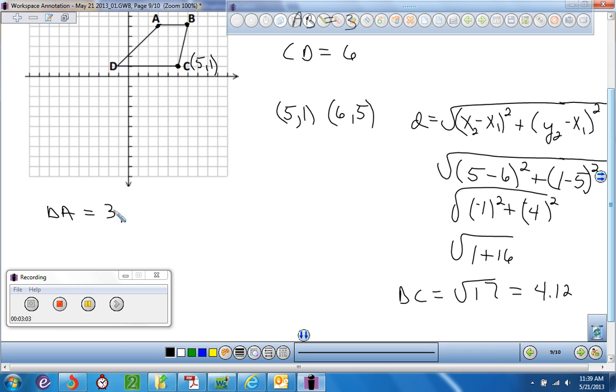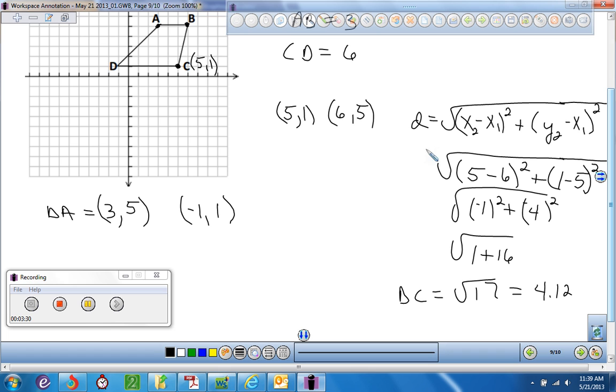So the X is 3, and then the Y would be 1, 2, 3, 4, 5. So 3, 5 would be that point, or that ordered pair. And then this one would be up 1 for the Y, but it'd be over 1. So it's -1 for the X, and up 1, so positive 1 for the Y.